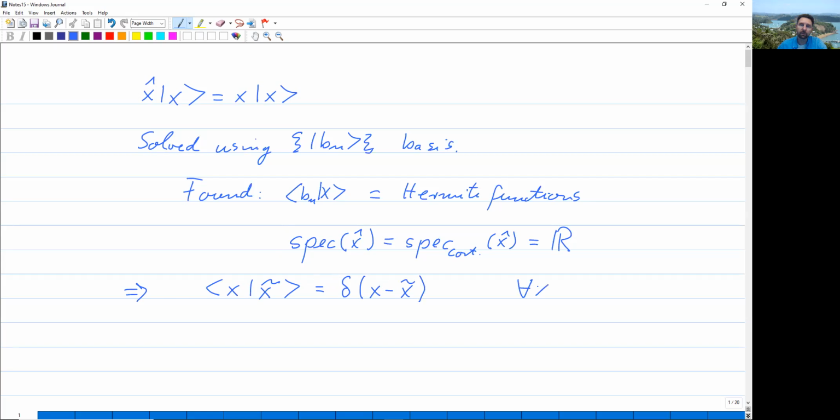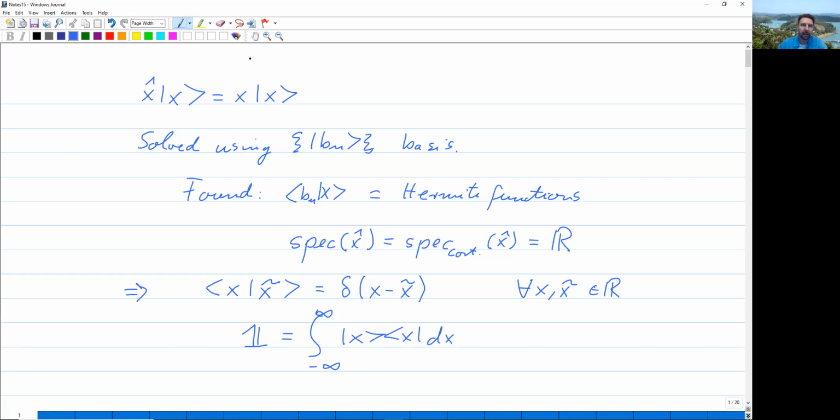And we can choose the x and the x tilde to be any real number here. And we also have now a resolution of the identity in terms of the position basis, minus infinity to infinity, or sometimes we will just write r for the real numbers here, like this, dx.